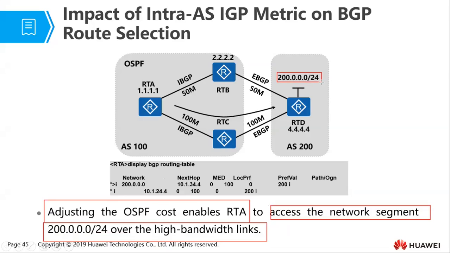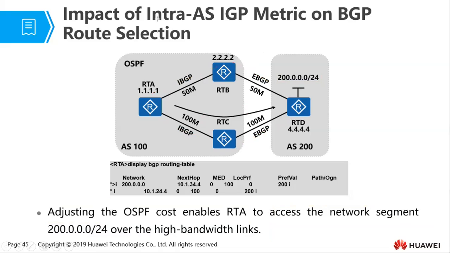So we have this network on RTD. RTA can access that network through that path or through this path. Obviously, this second path has higher bandwidth and therefore is the optimal route.